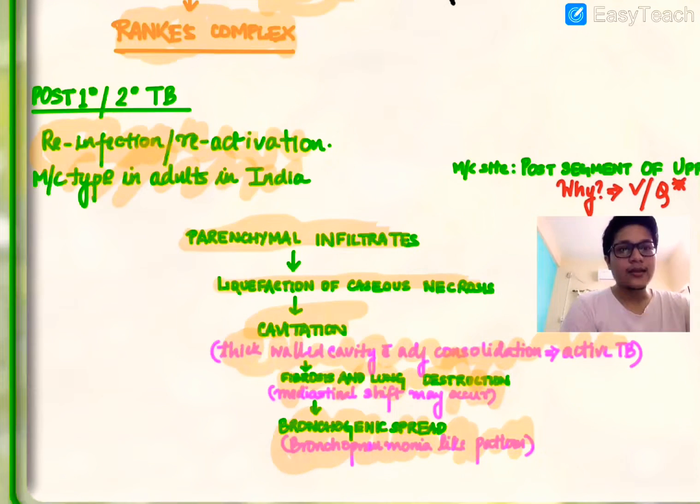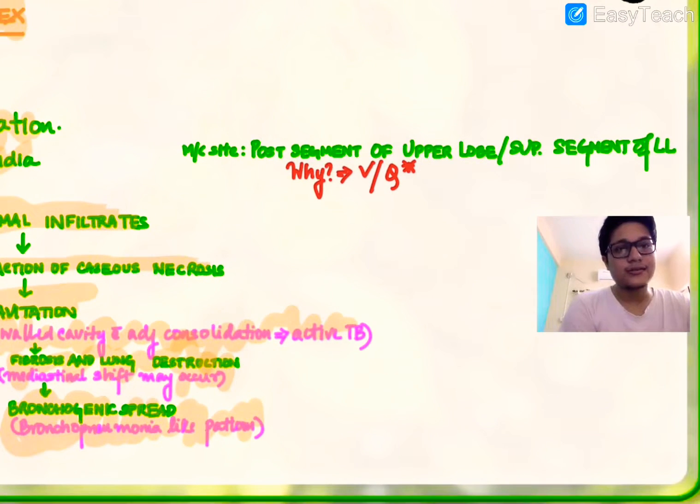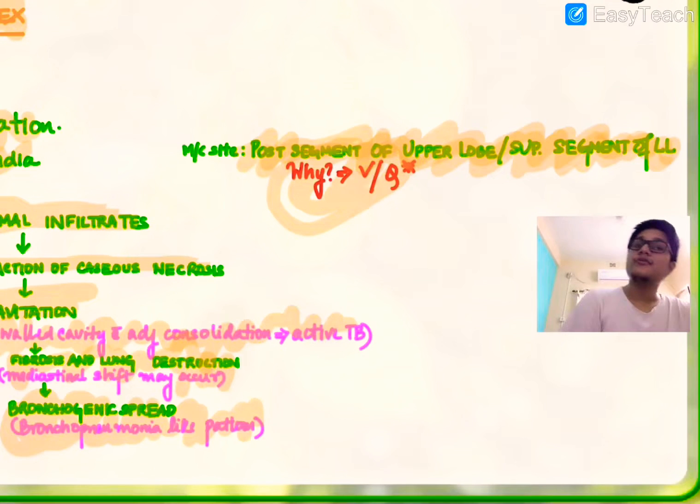Okay. And one must remember that the most common site for this post-primary or secondary tuberculosis is the upper lobe, the posterior segment of the upper lobe, or the superior segment of the lower lobe. And why is that? I hope you remember from your first year physiology that the ventilation perfusion ratio is maximum at the lung apex. Though the perfusion is low, the ventilation perfusion ratio is high.